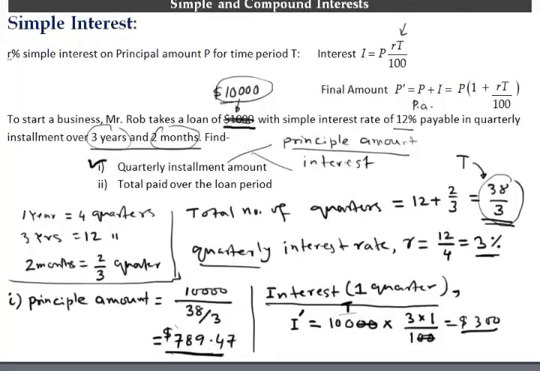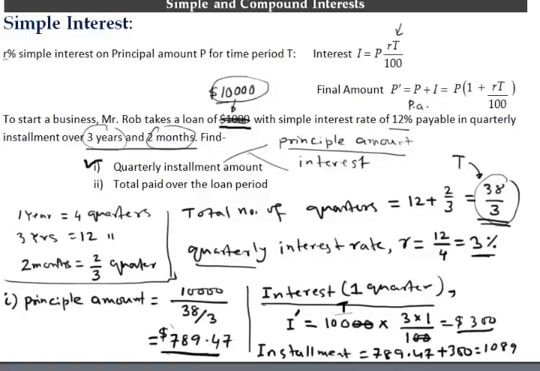So the total quarterly installment is this value plus this value. 789.47 plus 300, the 300 will be added here, so it will be $1,089.47.